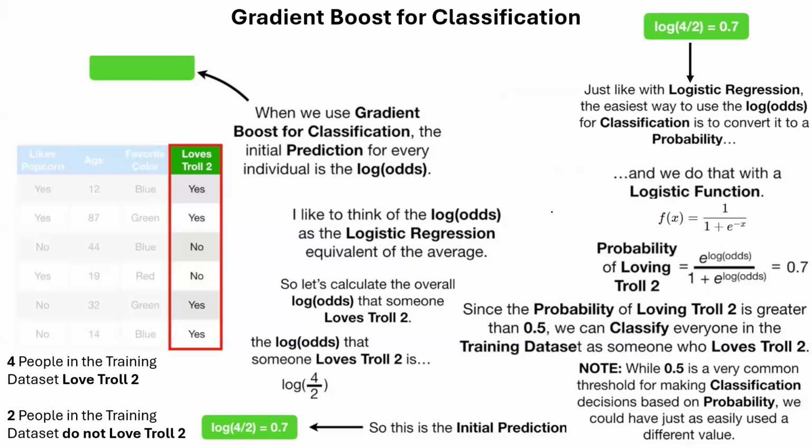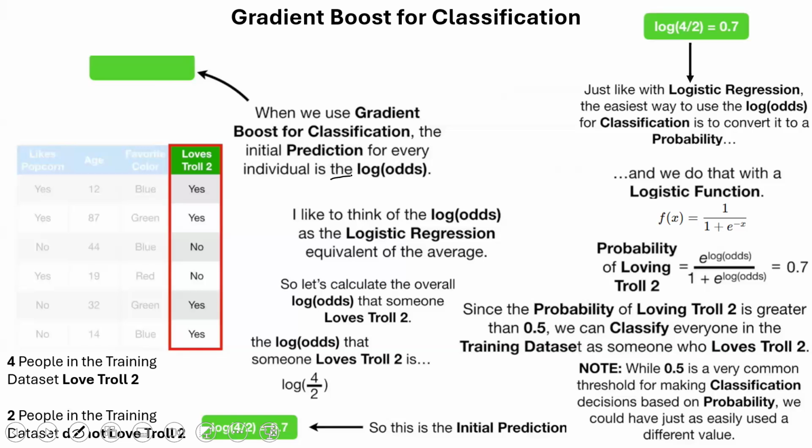So gradient boost for classification. This algorithm will run along similar lines to gradient boost for regression, but the mathematical calculations will slightly change. The first step in gradient boost for classification is the initial prediction for every sample. In regression, you made the initial prediction for all the samples by taking the average of all the values.